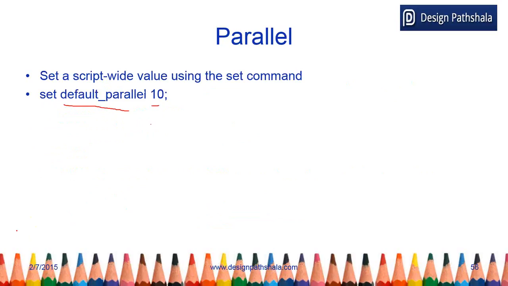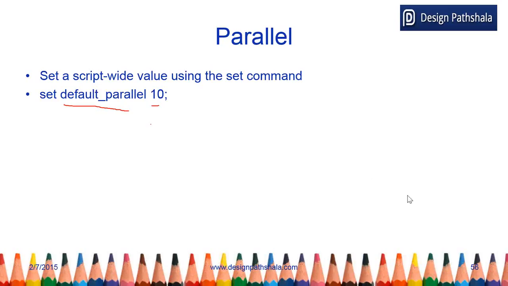Similarly, if I say set default_parallel to 10 on the Pig console, I can do it for that session of Pig. So this is how PARALLEL helps you define the number of reducers, that is, you are doing the task in parallel at the reducer side.